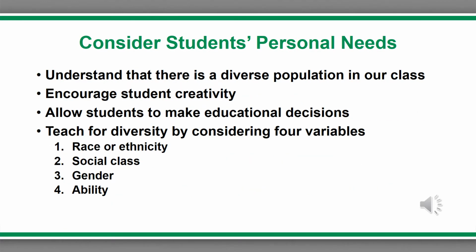So we finished feedback. Now we're going to the next section, which is about considering the personal needs of the students. There's a big diverse population out there in our classes now, and that's good. You want to encourage creativity amongst your students and allow the students to make educational decisions.